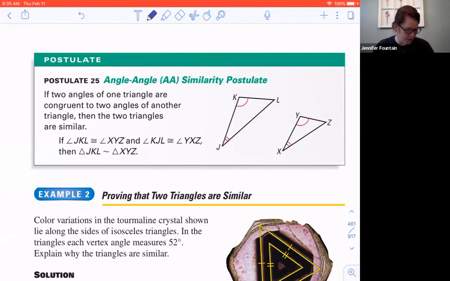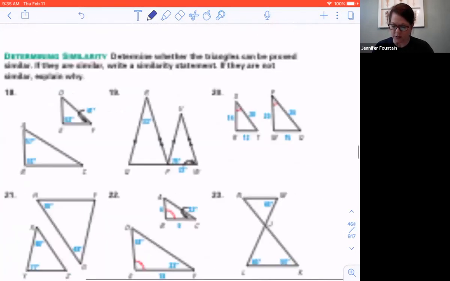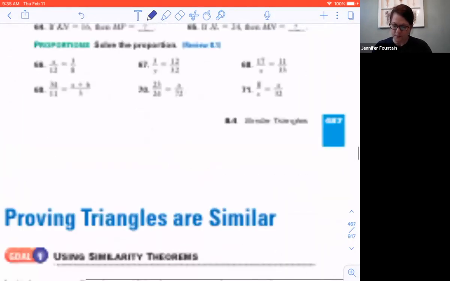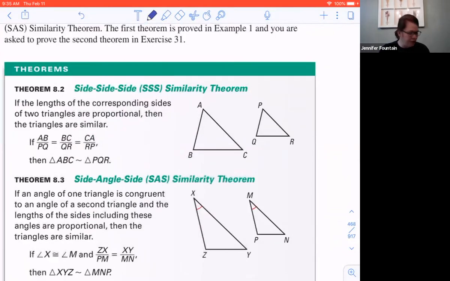When I have similar triangles, I can look at my side proportionality. Same rules as for proportional polygons: since a triangle is a polygon, the same rules follow. My sides are proportional, angles are congruent. And as long as I can prove that two angles are congruent, then my triangles are similar. I don't have to show that all three angles are congruent. Then we move on over to page 488.